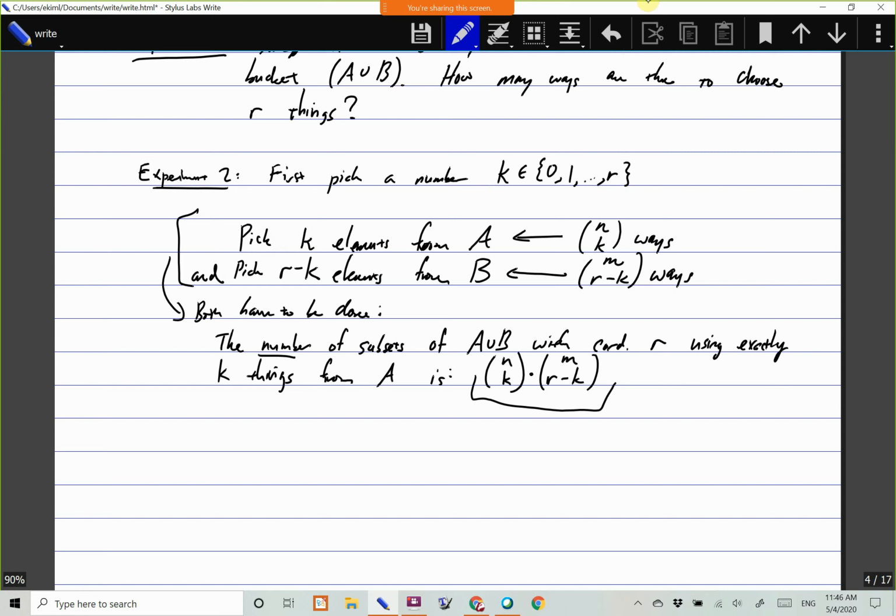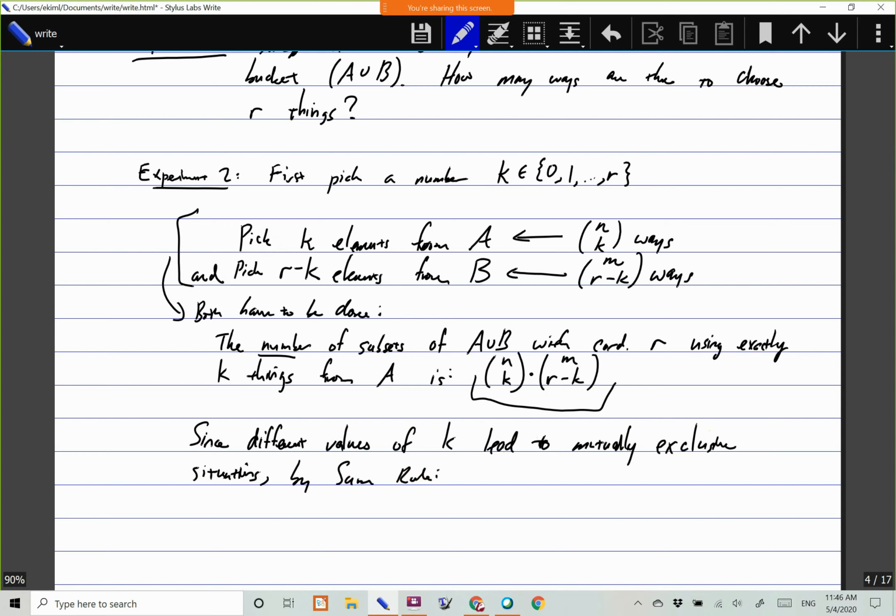Since different values of k lead to mutually exclusive situations, here the sum rule applies. By the sum rule, what we need to do is add up over all possible values of k.